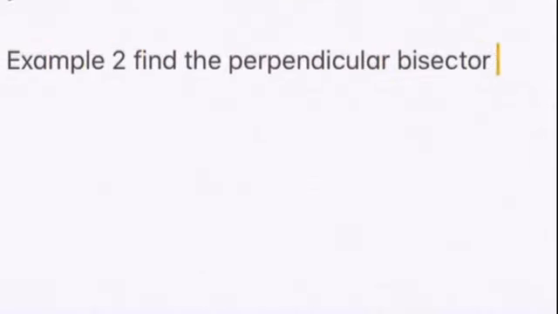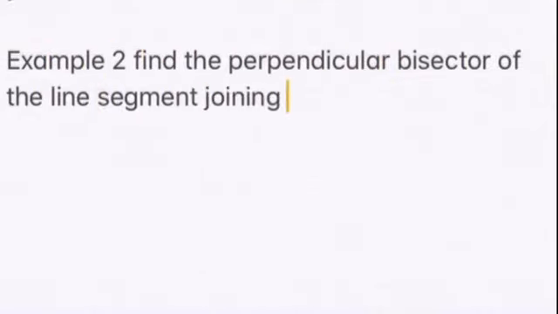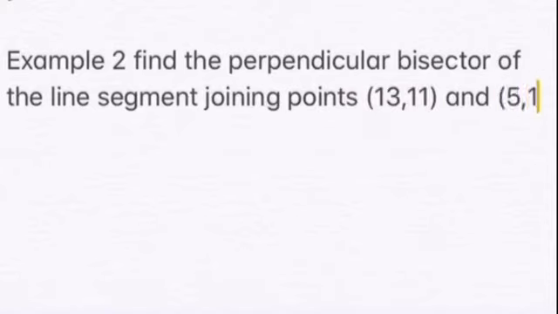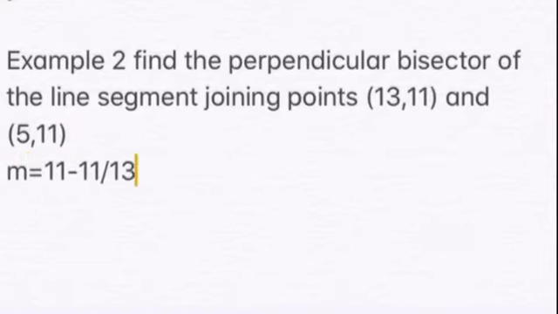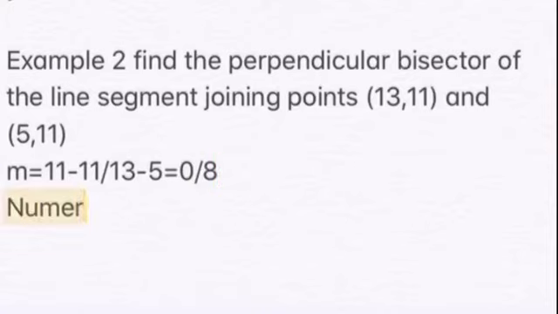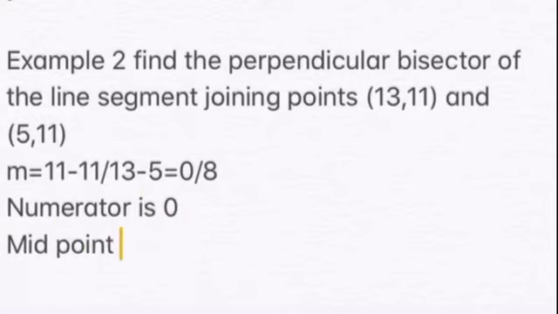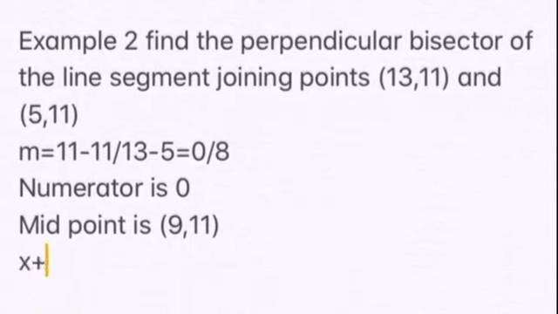Let's look at an example of this in which the numerator of the gradient is 0. We have to find the perpendicular bisector of the line segment joining points (13, 11) and (5, 11). So you would do 11 minus 11 divided by 13 minus 5 in order to find its gradient, and you will see that the numerator is 0, and it's 0 divided by 8, but it's still 0.